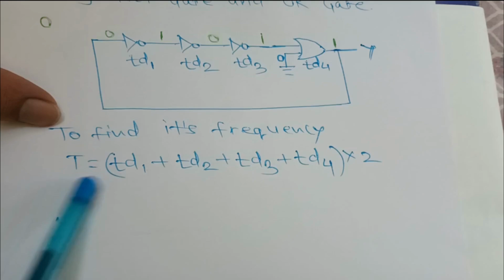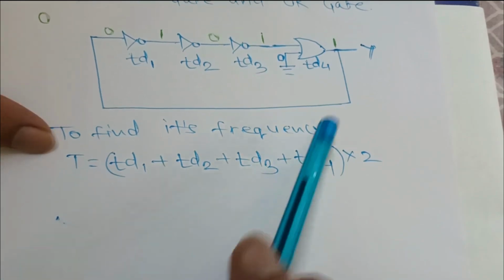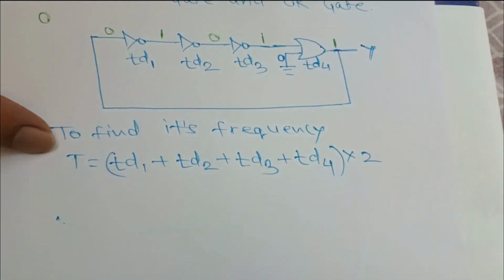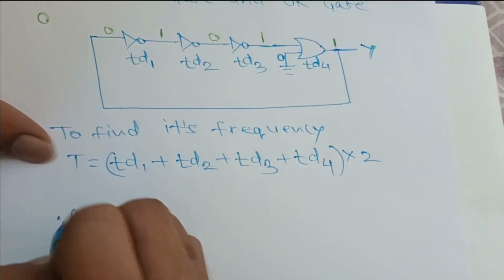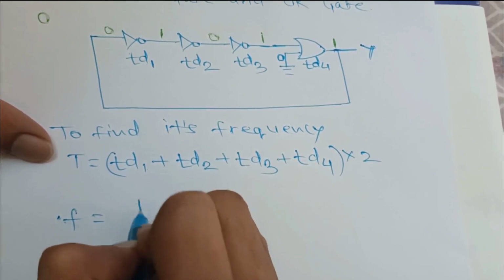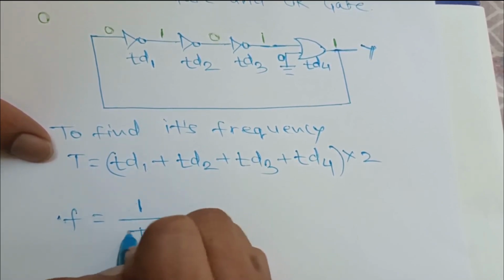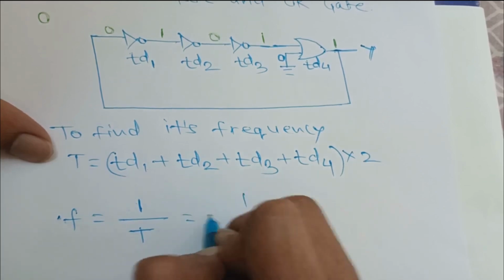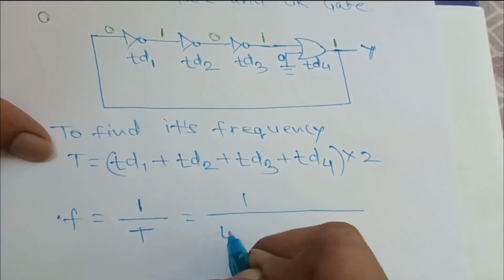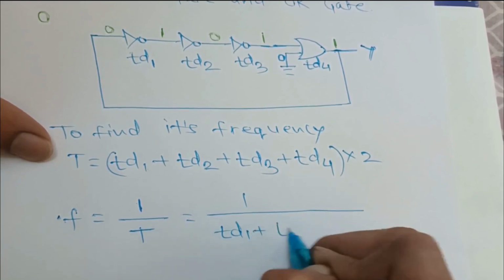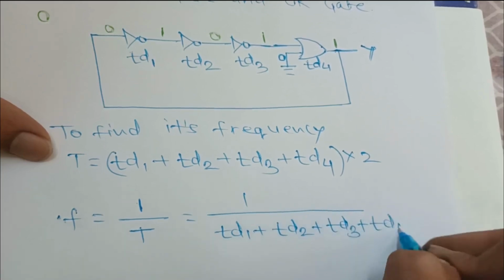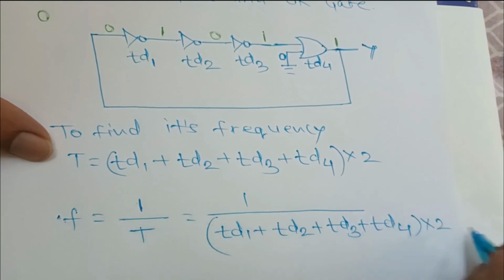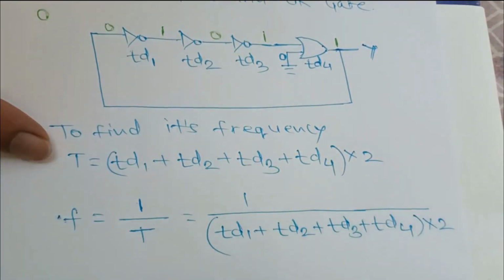This is the total time period for which our output is repeating. So the frequency is going to be 1 upon time period T. The frequency will be 1 upon (TD1 plus TD2 plus TD3 plus TD4) into 2. This is the frequency of our circuit.